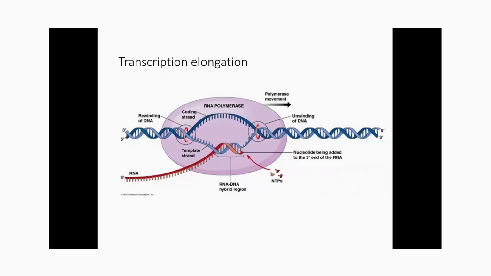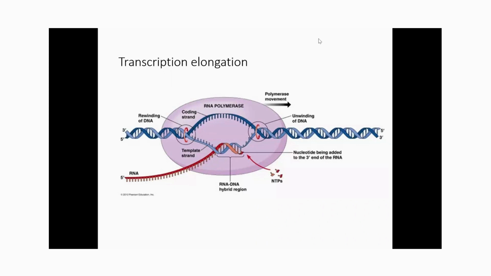The sigma factor is released, and then one strand of the DNA molecule acts as the template for synthesis of the RNA molecule. The RNA molecule is complementary to this template strand, while the other strand of the DNA molecule is known as the coding strand.